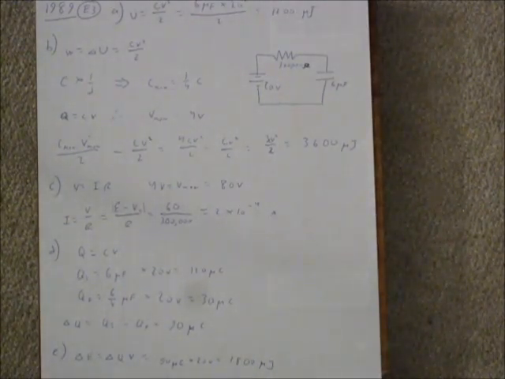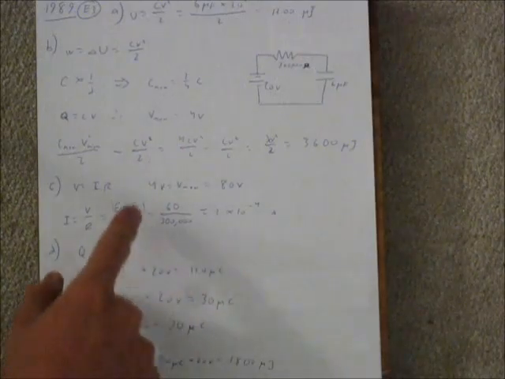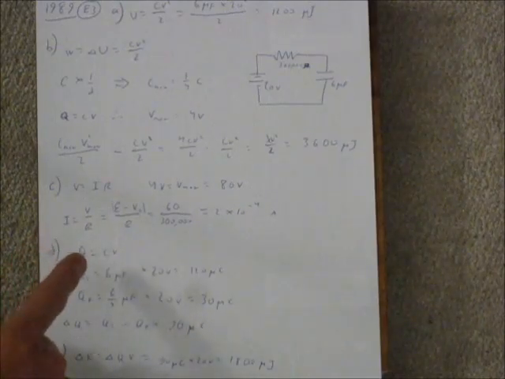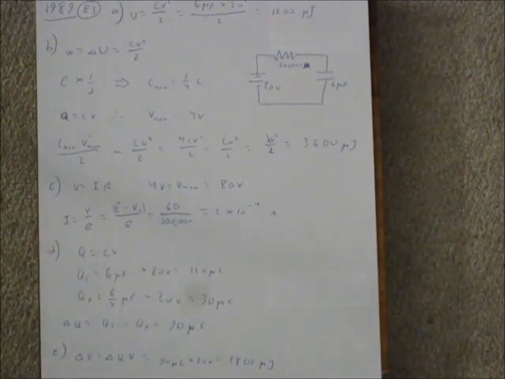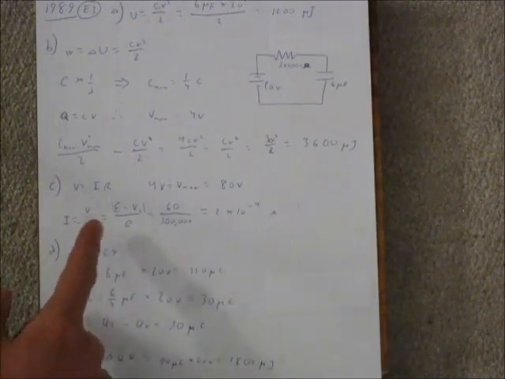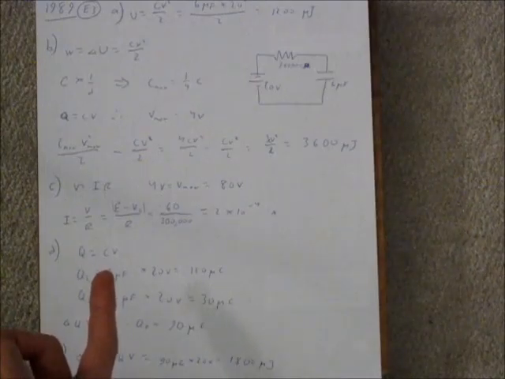So part C is asking you to determine the current in the resistor immediately after the spacing is increased. So you can calculate the new voltage. Since we know it's 4 times the original, it's 4 times 20, which is 80. And then we simply use Ohm's law, and we plug in the difference, which is the voltage of the battery minus the voltage over the capacitor.